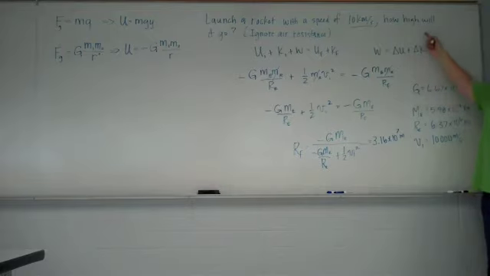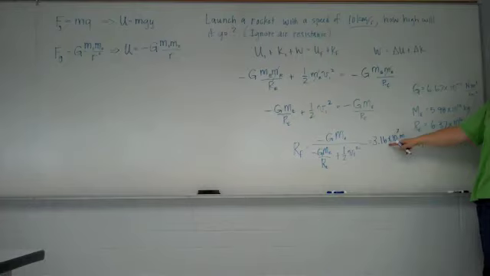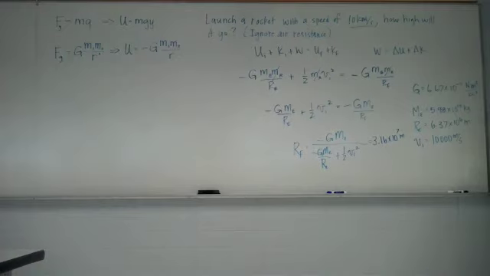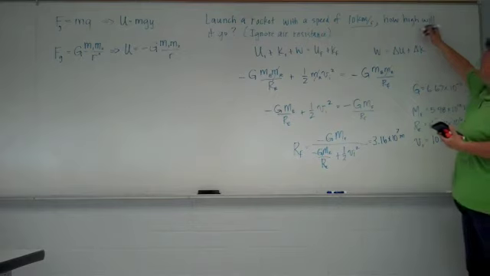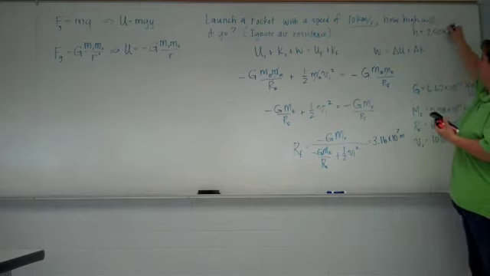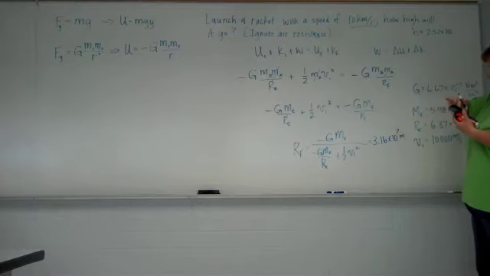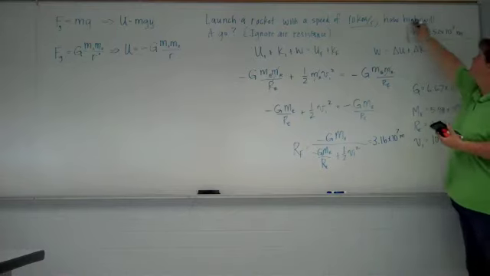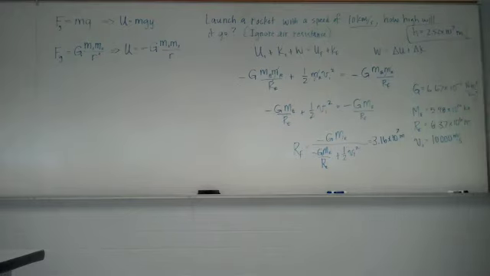No. To answer how high will it go, we need to subtract from this the radius of the Earth. So the height, that would be how high it goes, assuming I plug those numbers in correctly.